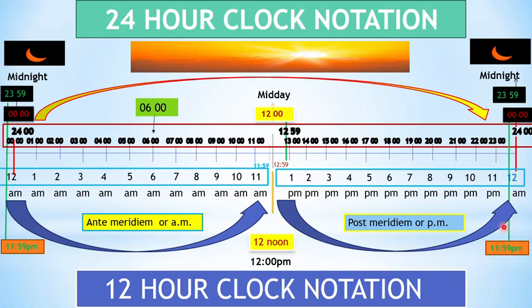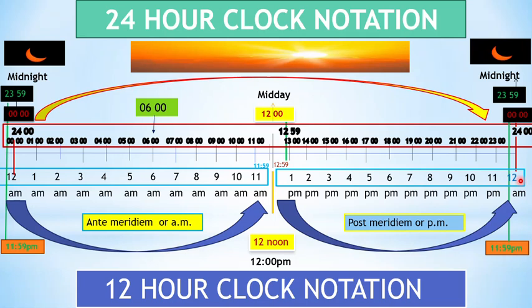New day begins when the clock shows 12 AM. I hope you have understood till here. This is the same time 12-hour clock notation which we are daily observing, right?